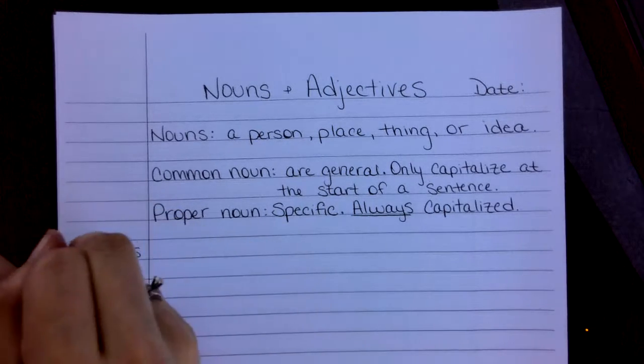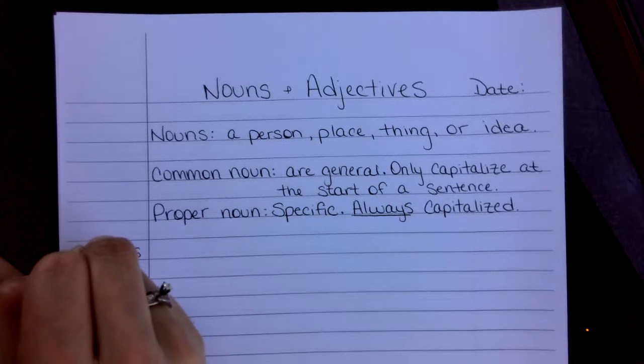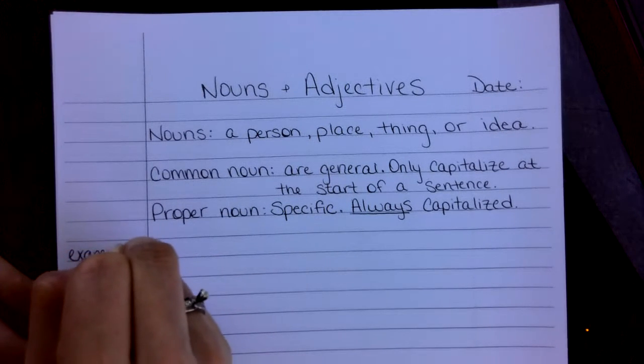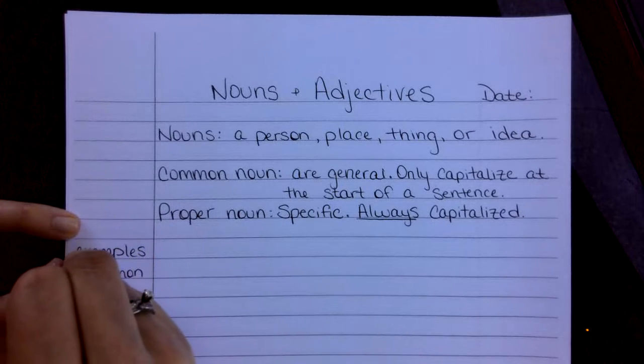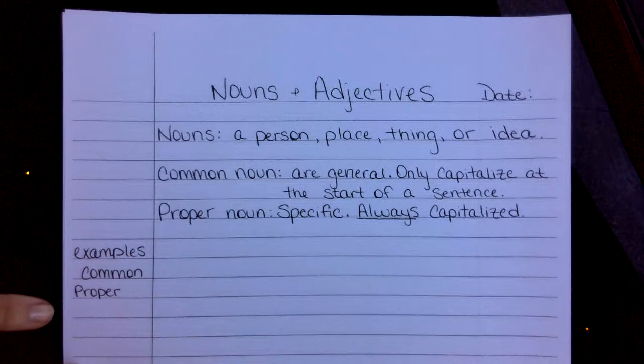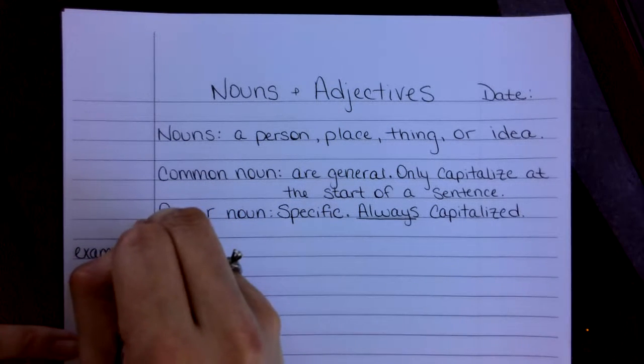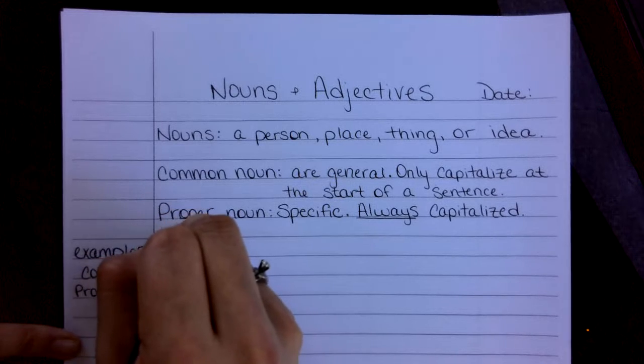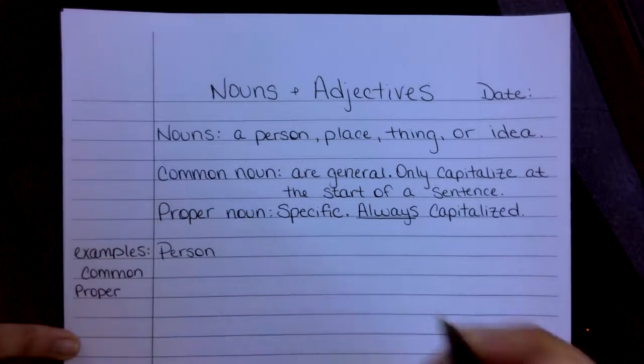All right, down here we're going to write common, and then proper. All right, our first type of noun, a person.